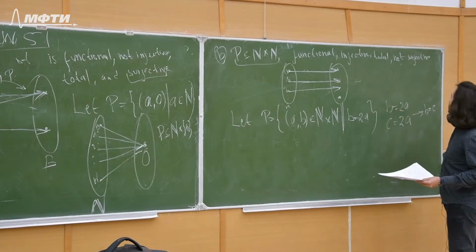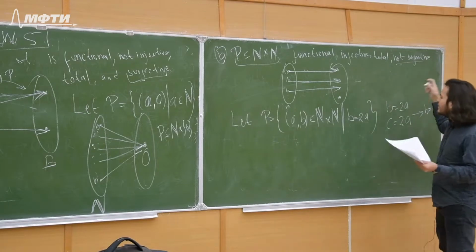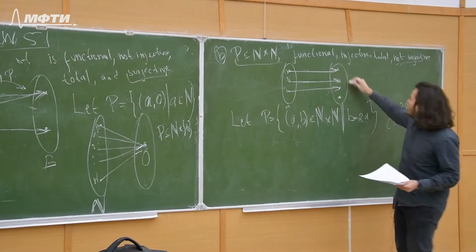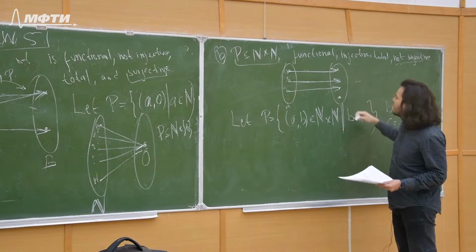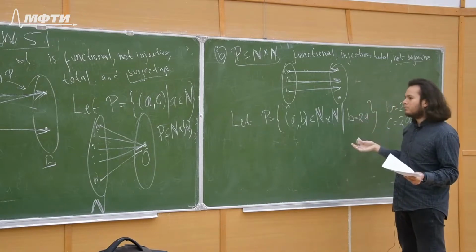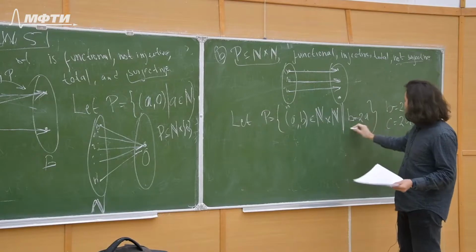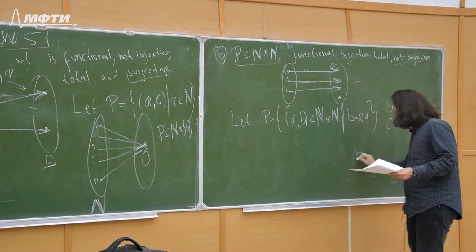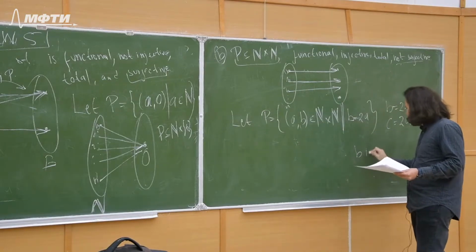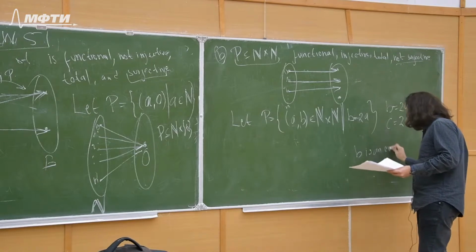And not surjective. Why is it not surjective? Because here we have an arrow only for even numbers. So B is an even number.